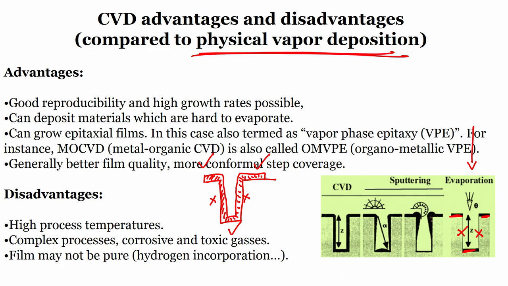Now, if I talk about sputtering, somewhat this area, from here till here, but it is not covering completely, right. But if you talk about CVD, chemical vapor deposition, you can see a perfect or better step coverage compared to PVD.